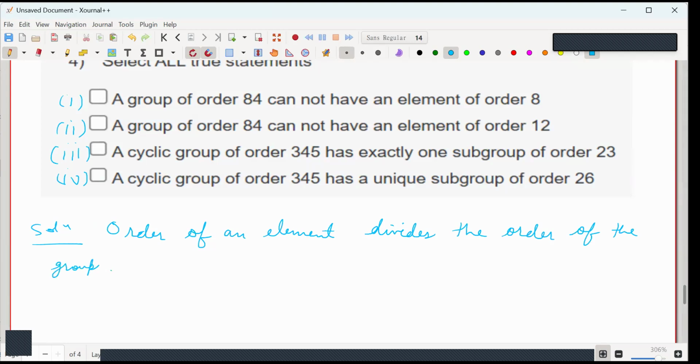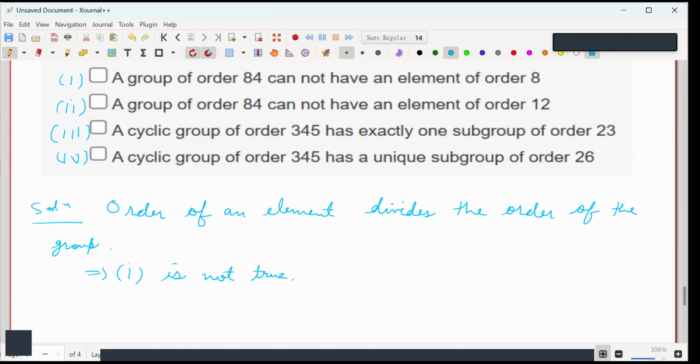This implies the first one is not true, since 8 is not going to divide 84.